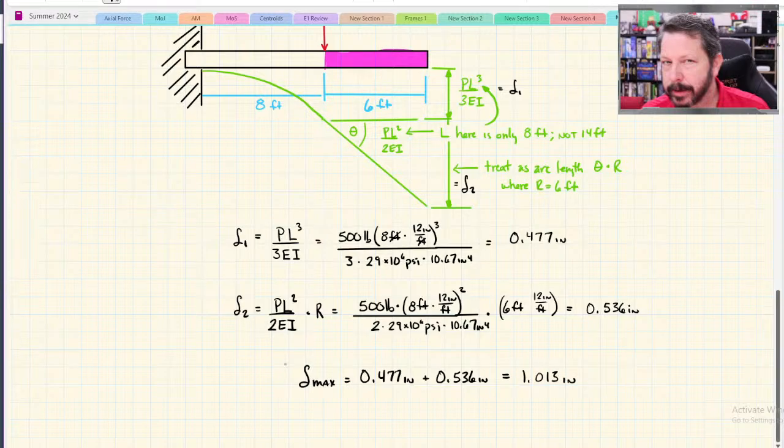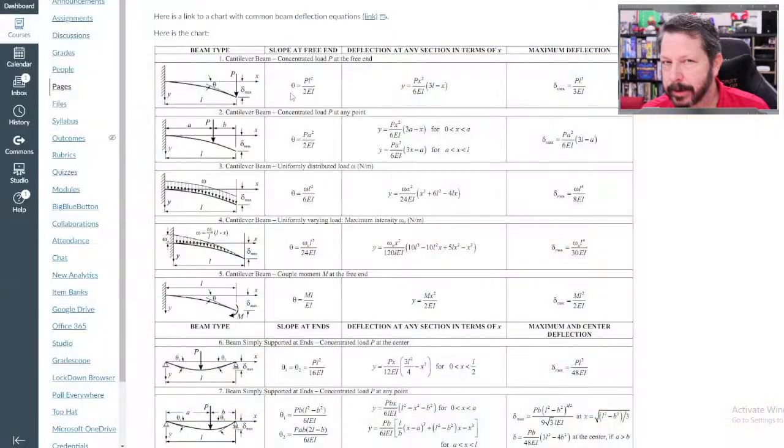Why do we make L2 8 instead of 6 feet? Let's see, L2, oh, L squared, I guess is what you meant. I assume you mean that number, because this equation, PL squared over 2EI, that's calculating the angle theta here. And that angle theta is really, I've drawn it kind of in the pink section, but it's really the slope of the end of the beam. So theta is really the slope at the end of the beam. You can kind of pick that up from our diagram here. It's kind of small though.